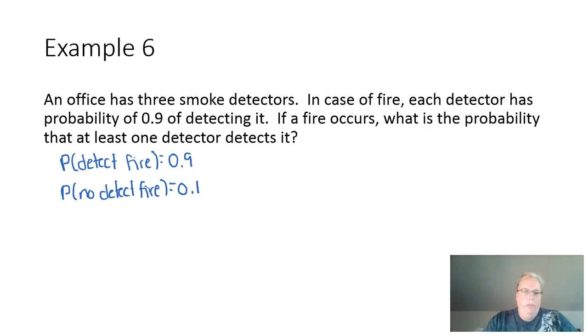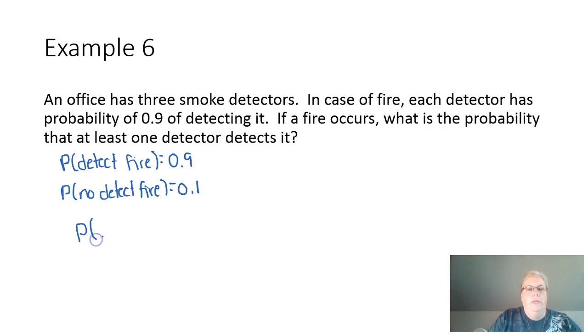It could take a while. So what we're going to do instead is find the probability that none of the fire detectors detect the fire. And then we're going to use the rule of complements, and subtract that probability from 1, and that will tell us the probability that any combination of the three will in fact detect that fire.